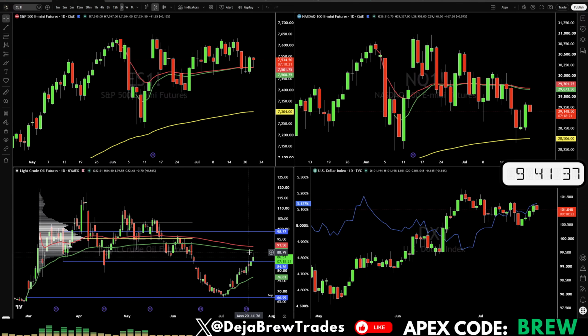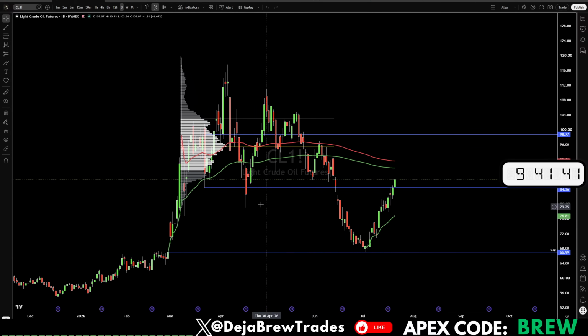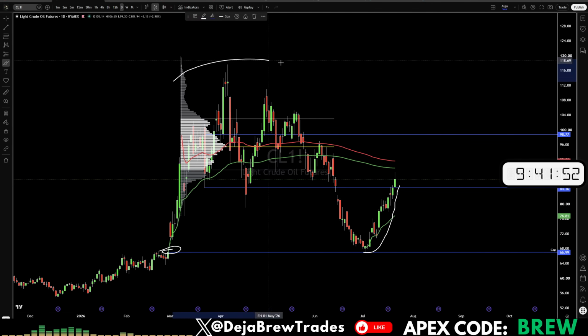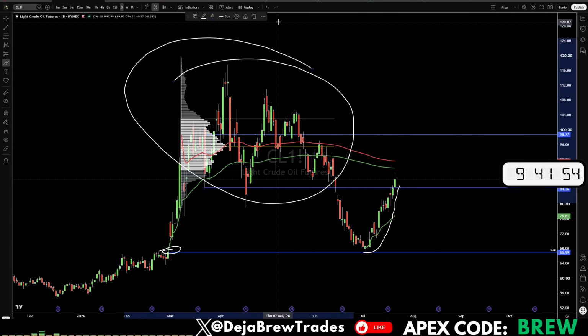So where oil ends this week is very important. We talked about this already. With that rebound, it bounced off that gap level damn near to the penny, and we are back into that big chopping value, that distribution.